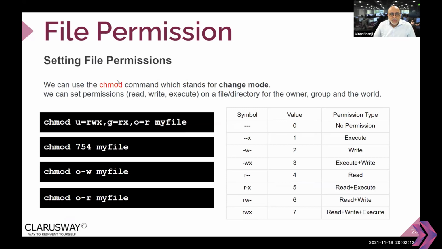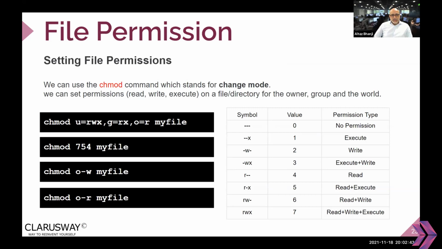But when you want to set the file permissions, we use this command called chmod, or change mode, and this allows you to set the file permissions, read, write, and execute, for the same three entities: user, group, and everyone else. So there's a few different ways to do it. The first way is to explicitly set the permissions for each entity.